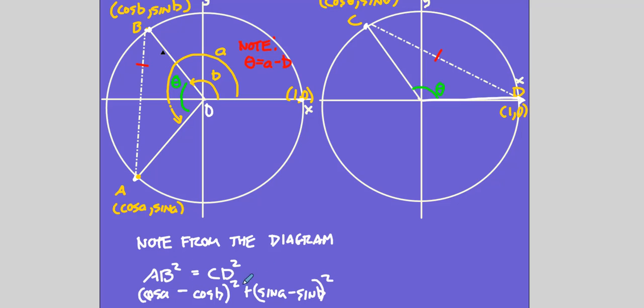And this is your distance formula again. I'm taking the difference here. This is like x sub 1 minus x sub 2 quantity squared plus y sub 1 minus y sub 2 quantity squared.